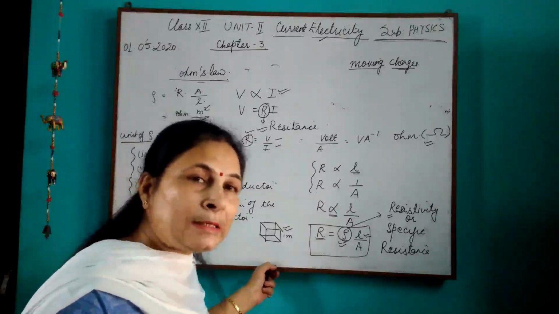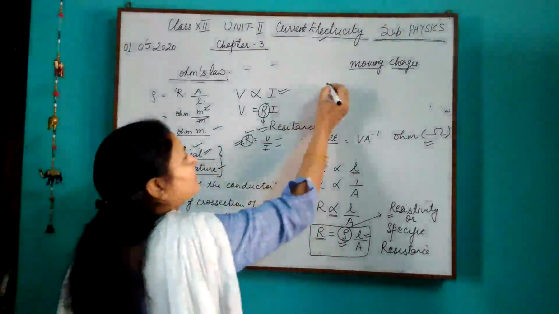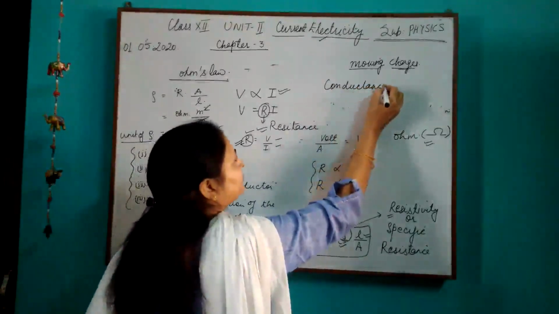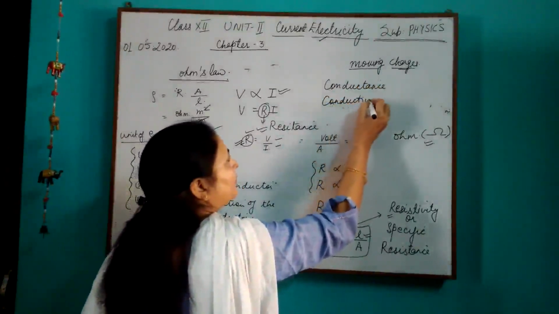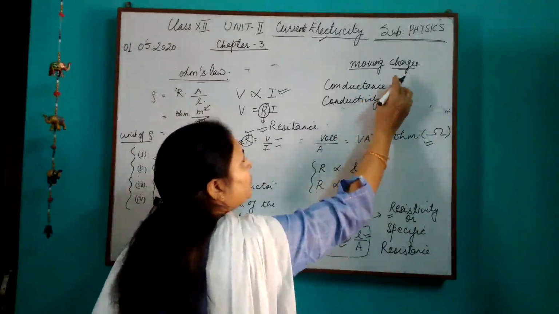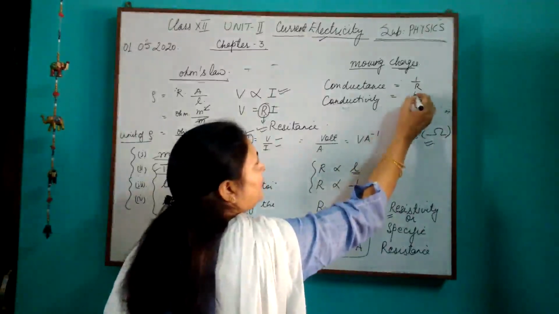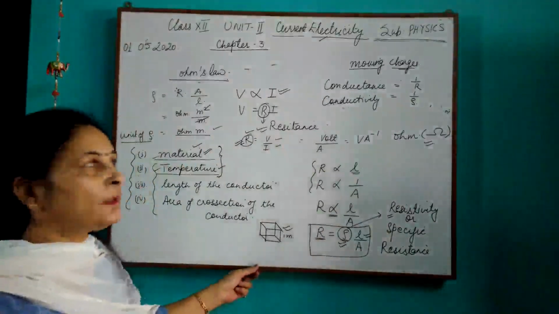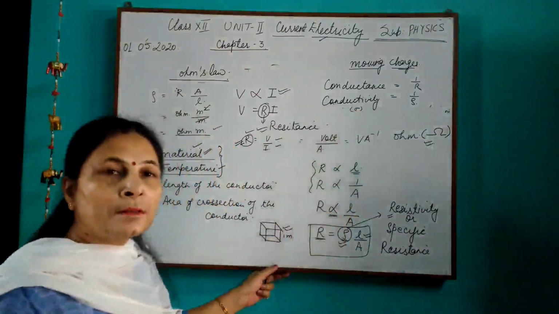So we have defined resistance and resistivity. There are 2 more terms known as conductance and conductivity. Conductance is the reciprocal of resistance and conductivity is the reciprocal of resistivity. Conductivity is also denoted by sigma.